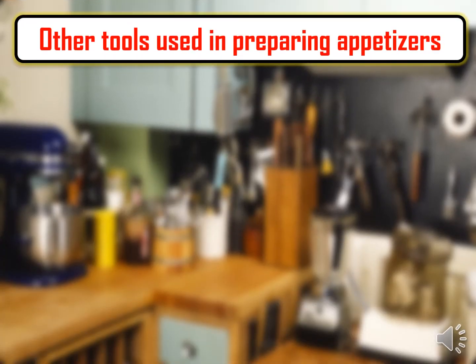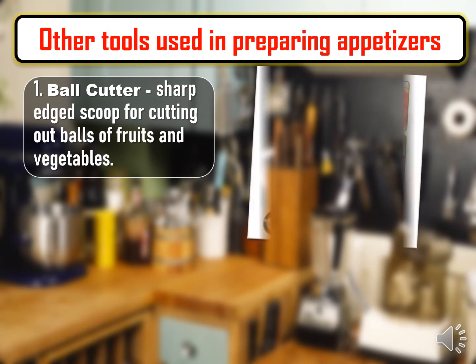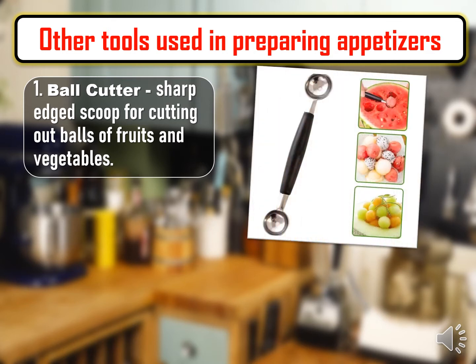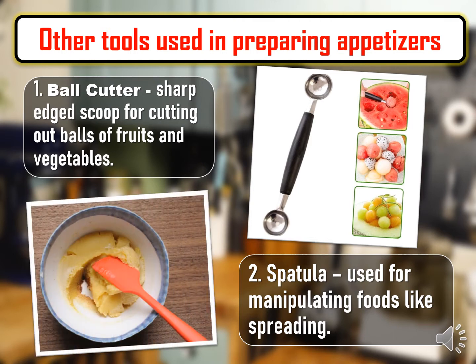In addition to the tools mentioned earlier, we also have here a ball cutter, a sharp-edged scoop for cutting out balls of fruits and vegetables, like when making balls of melon and watermelon as shown in the image. We also have a spatula that is used for manipulating foods, like spreading, and can also be used in mixing ingredients.